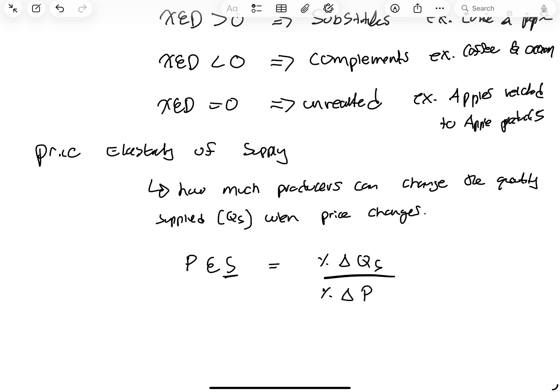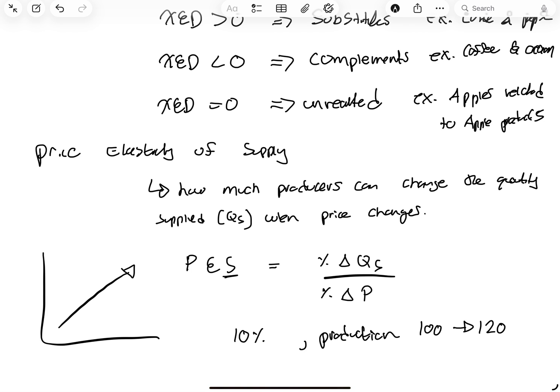An example of this: if a bakery increases its prices by 10%, as a result, what happens to the production of bread? It may go from 100 to 120, because remember, your supply curve looks like this. When prices go up, quantity supplied also goes up because producers want to make more.